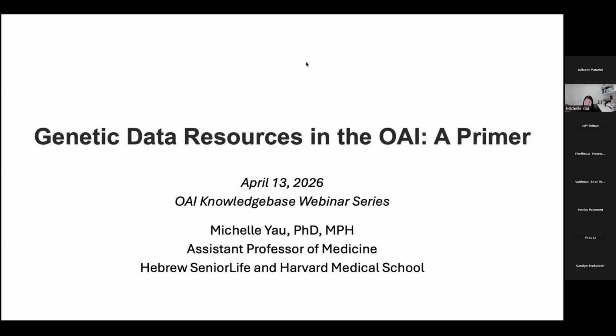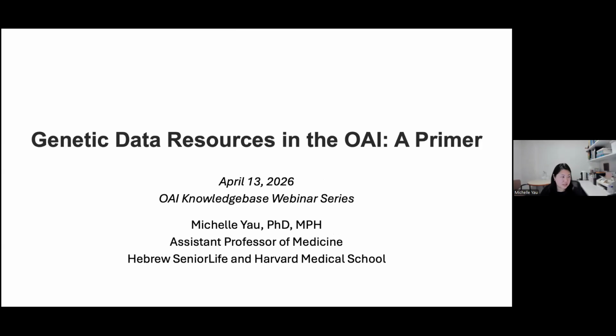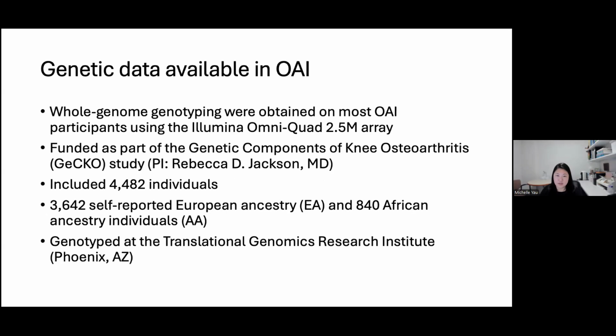All right, so today I'm going to go over some of the genetic data resources in the OAI. The data that we have available is whole genome genotyping, which was originally obtained back in 2009, 2010.